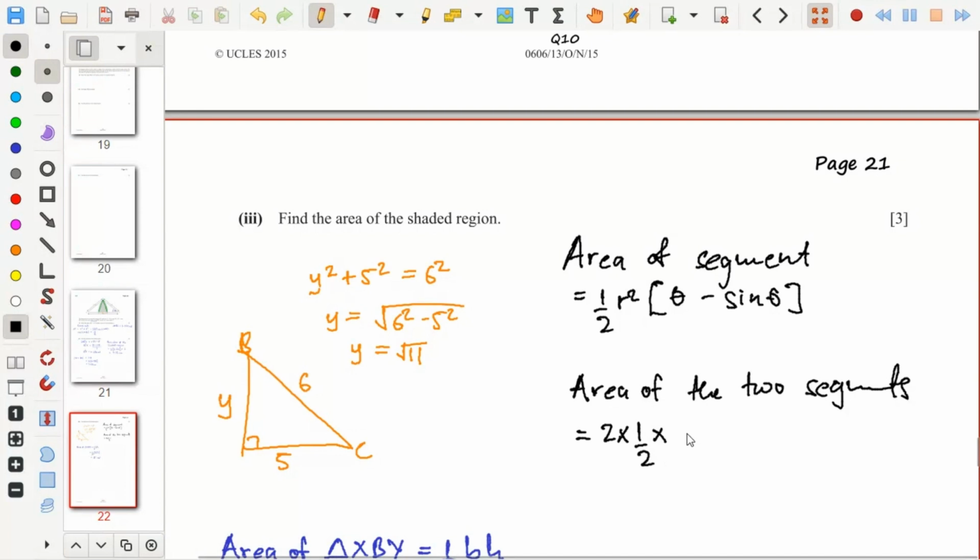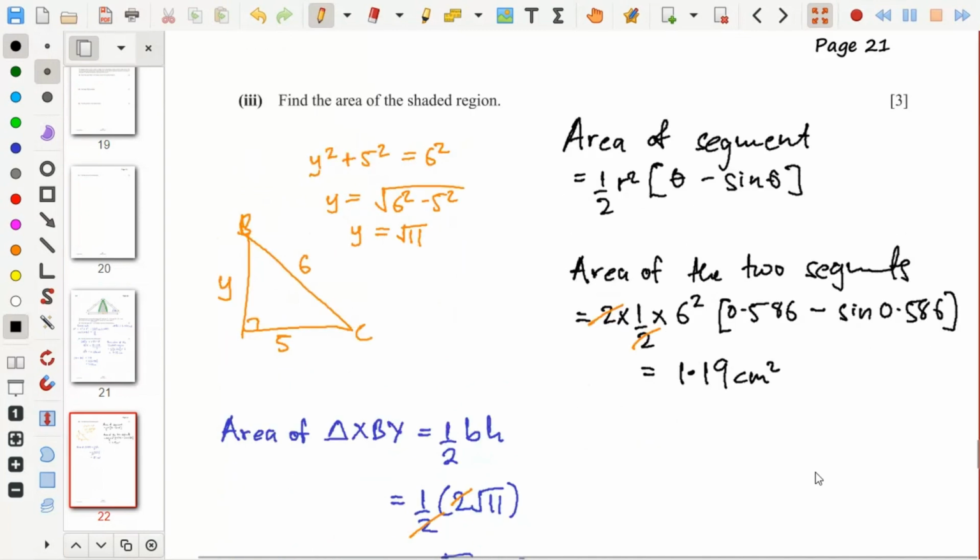What is my R? My R is 6. My angle is 0.586. Alright, so this and this will cross out. When I solve this, I'm getting 1.19 cm squared.